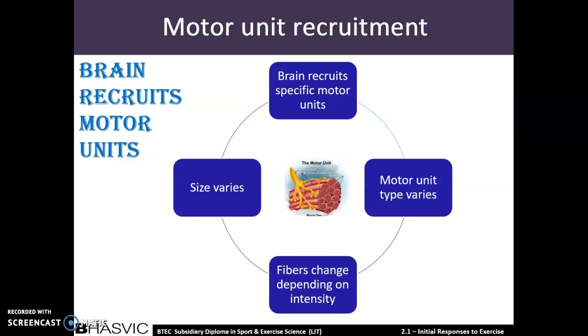As exercise continues and lesser contractions are used, for example running from one side of the pitch to the other, but not for a long period of time, the fast oxidative muscle fibers will be in use. And then when a penalty or something like that is happening, the fast oxidative muscles will be in use as it's a quick movement.